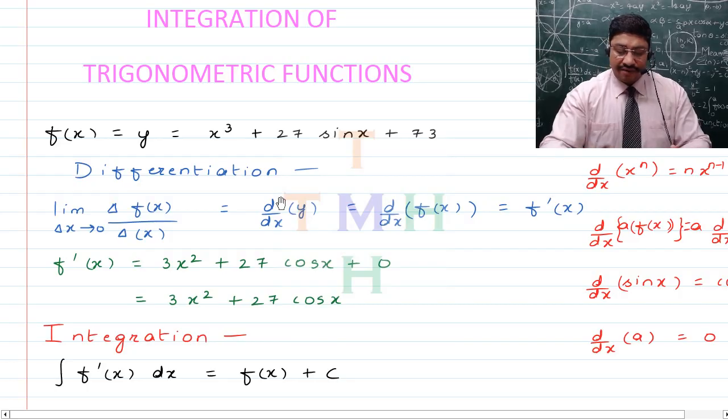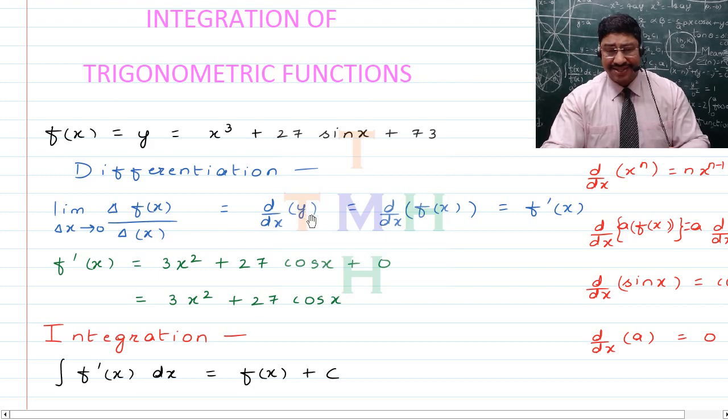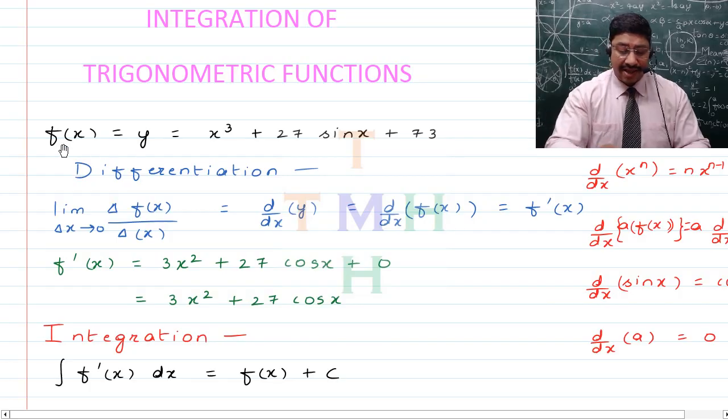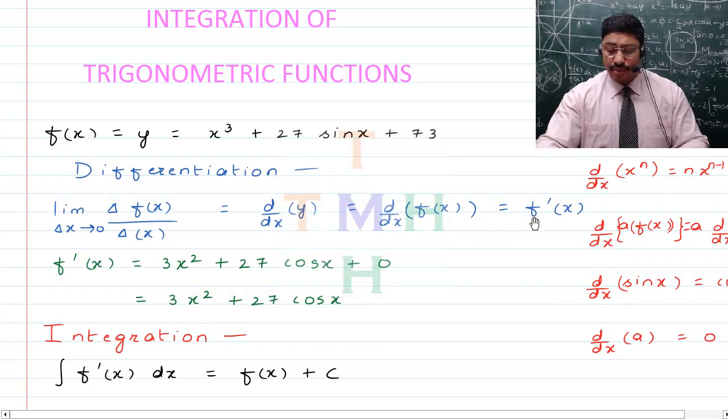So if we talk about d upon dx of y, this is how you write the derivative of the function y, which is a dependent variable. Or in other words, you can even say that this is the differential coefficient of the dependent variable with respect to the independent variable x. This is also written like d upon dx of f of x, as y was actually f of x. And further, another way to represent it is f dash x.